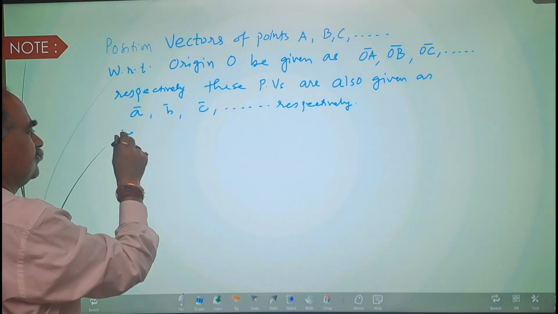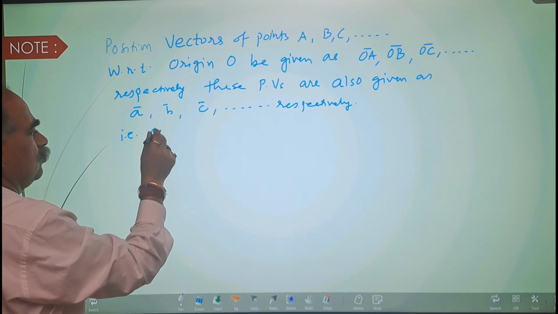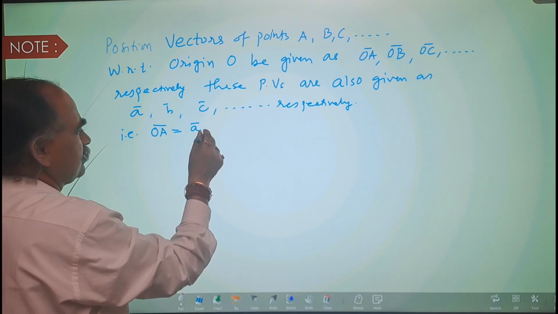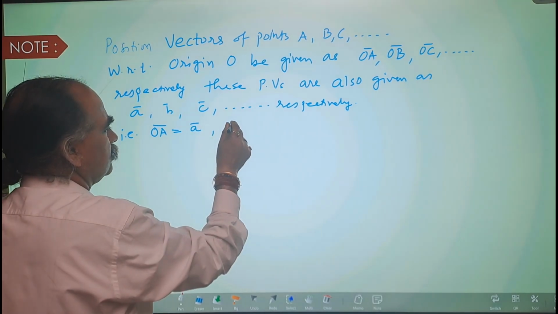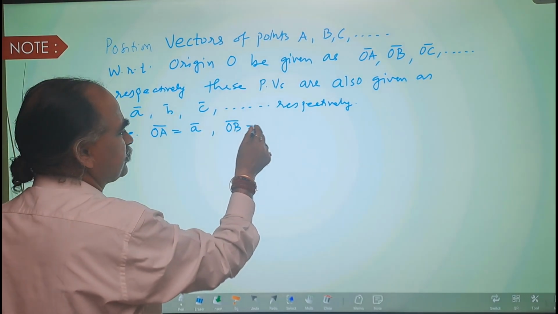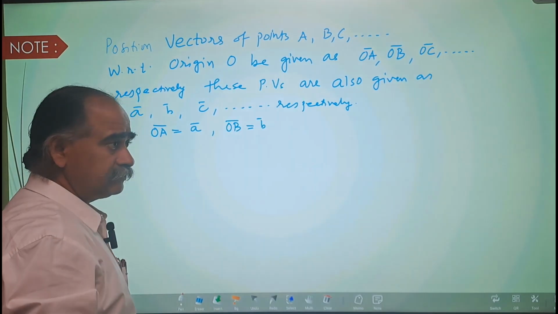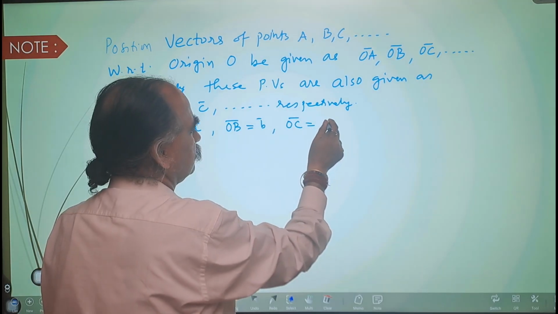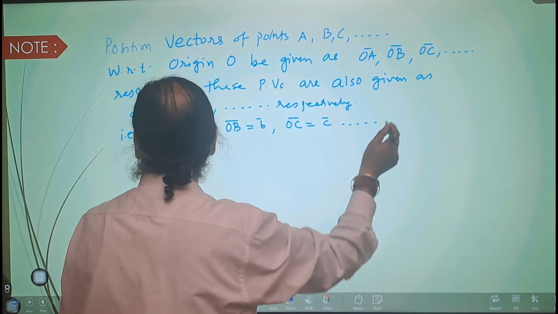That is, OA bar can be written as A bar, OB bar can be written as B bar, OC bar can be written as C bar, and so on.